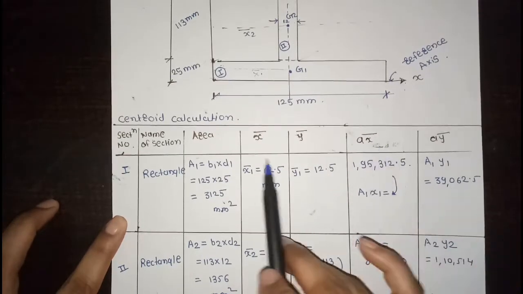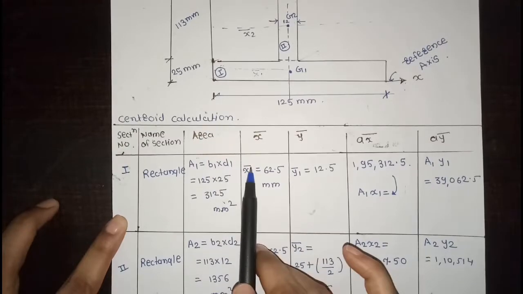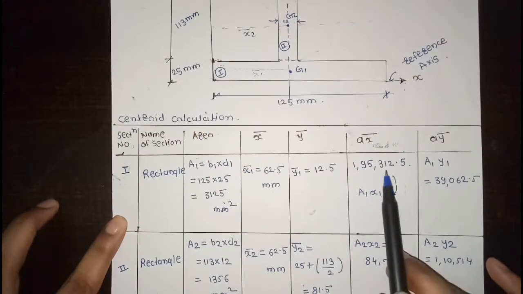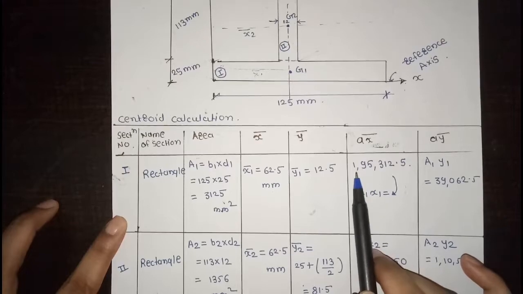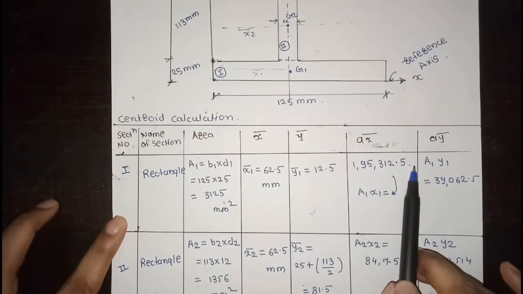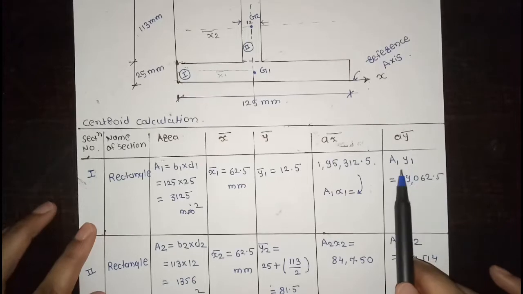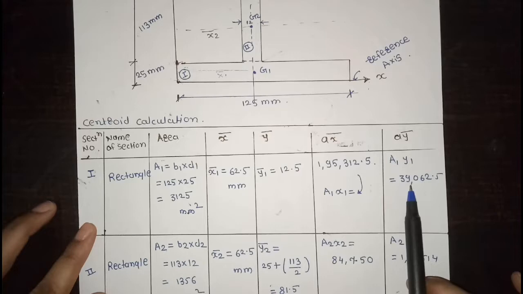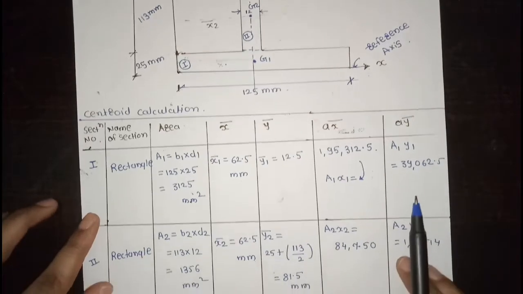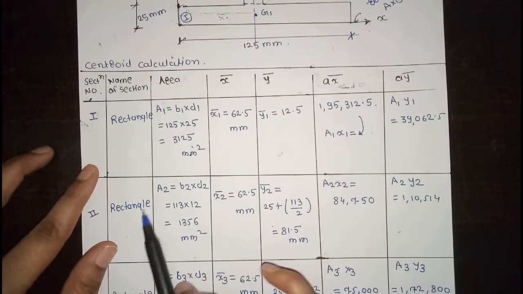So A1 multiplied by x1 bar, then we get 195312.5. And the product of A1 y1 bar is equal to 39062.5. Then second section is the rectangle.